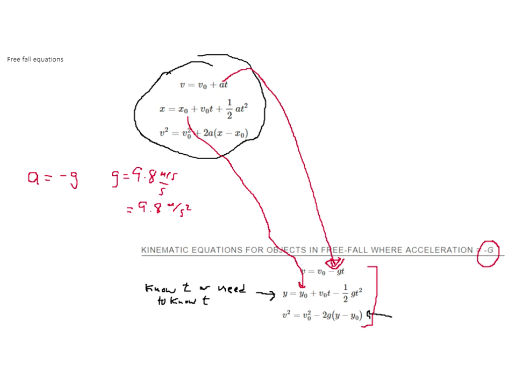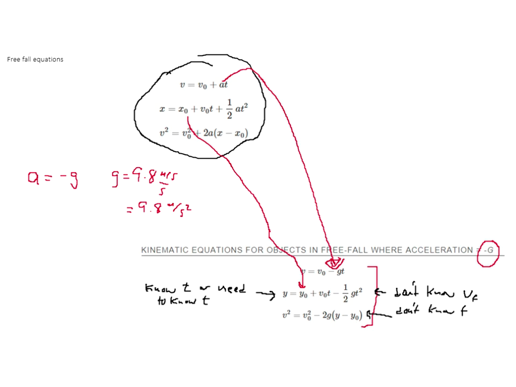If you don't know time, you're most likely going to use this one here. Also the middle one is useful if you don't know the final velocity, because it doesn't have final velocity in it. This lower one doesn't have time in it.